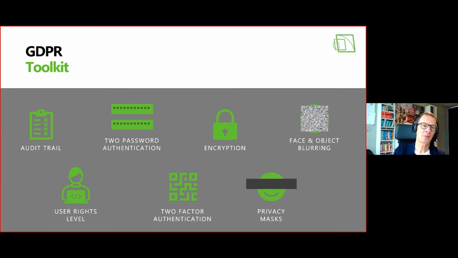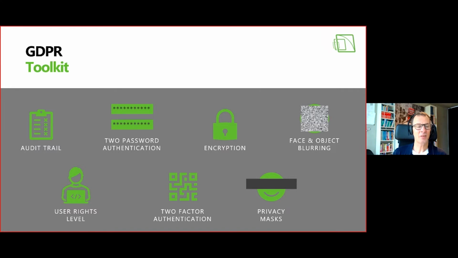You can give another user the right to do a 5-minute replay. The other can do 24-hour replay or doing exports or whatever. And if it comes to face and object blurring, privacy masks, you can enable them, disable them, give them the right to see some cameras, give them the right not to see the faces on some cameras, etc.